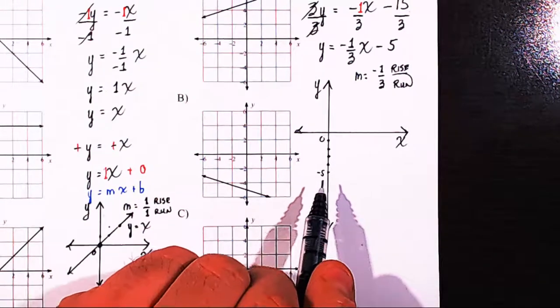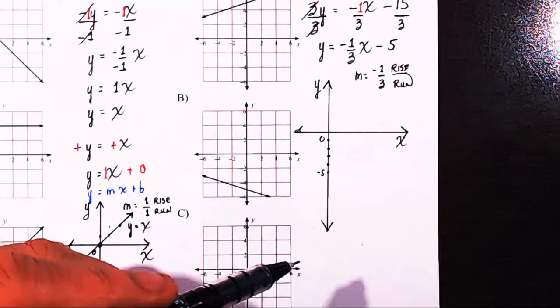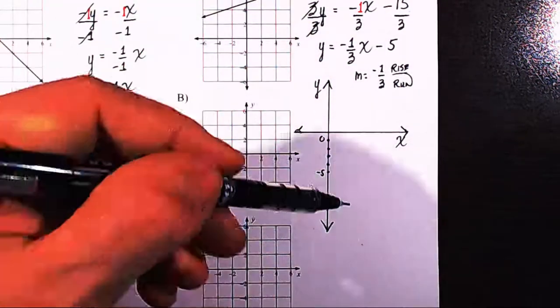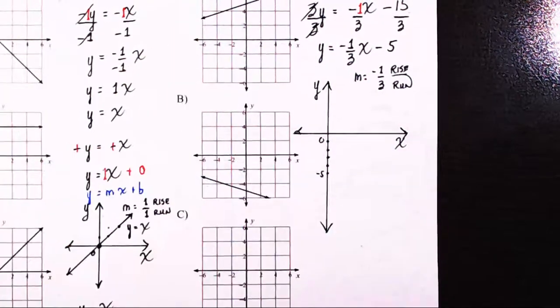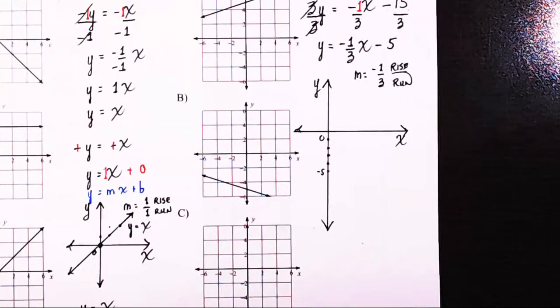Alternatively, I could go up 1 and then 3 to the left, but I can tell you already we're going to end up going down the mountain because it's a negative slope. So just keep that in mind as you plot this. If you start plotting a line that's creeping uphill, then you've gone wrong.